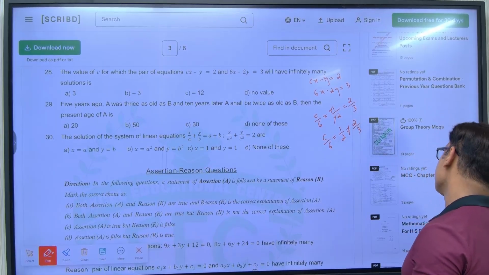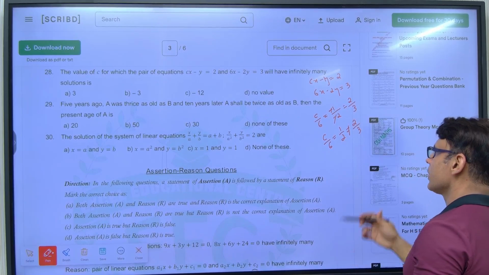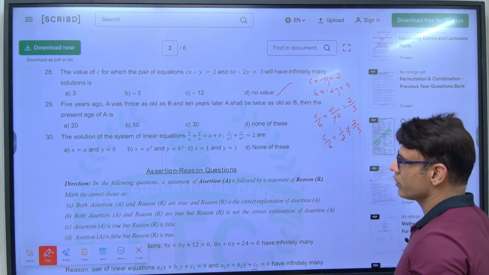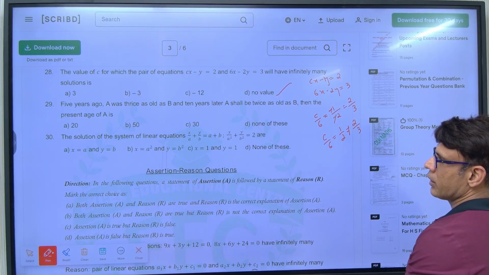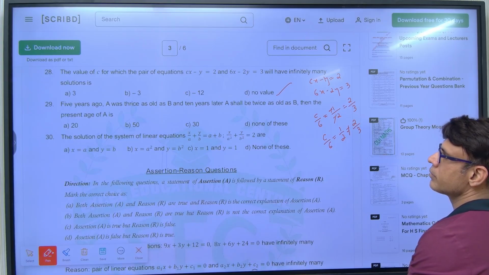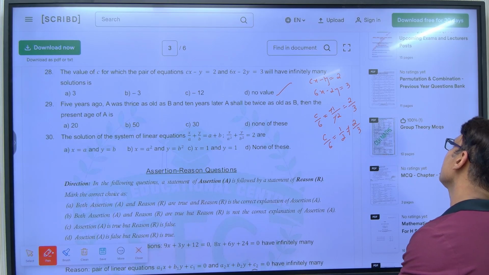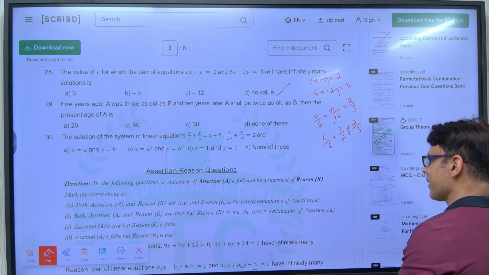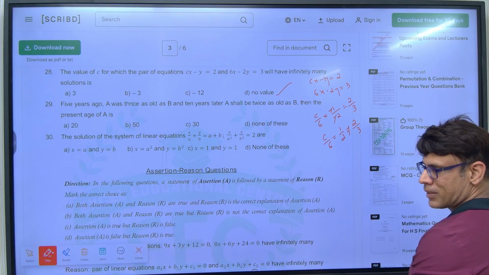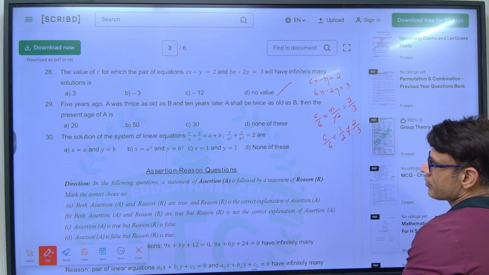I think the question was framed like this, but no value exists. That's why there's an option of no value. So these are easy questions. We are doing easy questions initially, it's not that you will get such easy ones. Understood this? Okay.